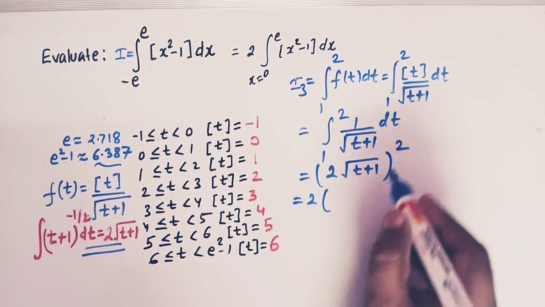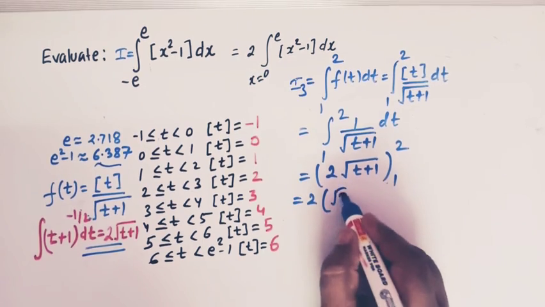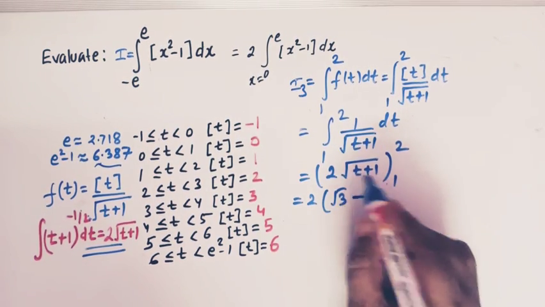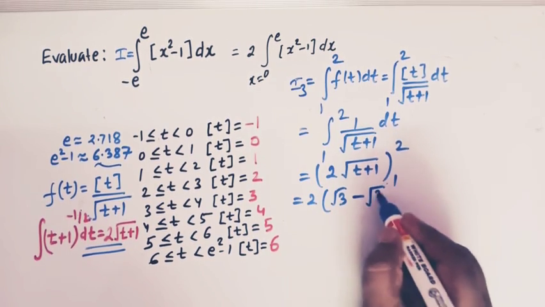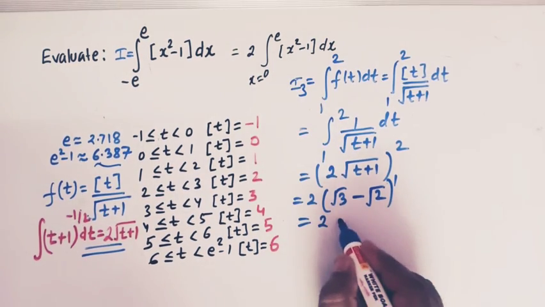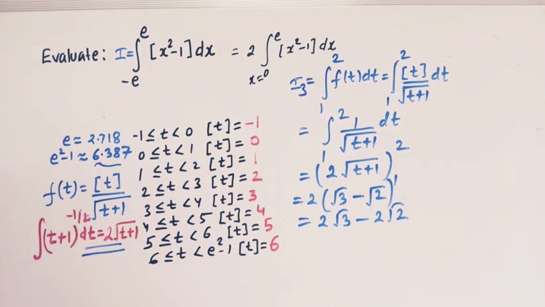If we substitute 2, then we'll have 2 plus 1, 3. So here we'll have square root of 3, and when we substitute t is equal to 1, here we'll have 1 plus 1, 2. So the value of I3 is 2 times root 3 minus 2 root 2.